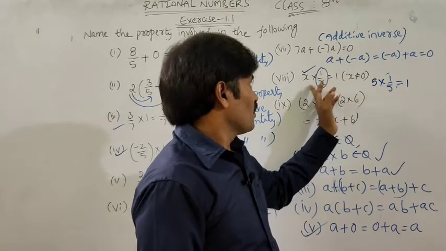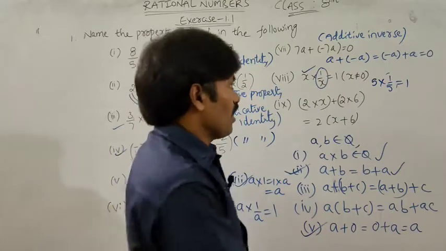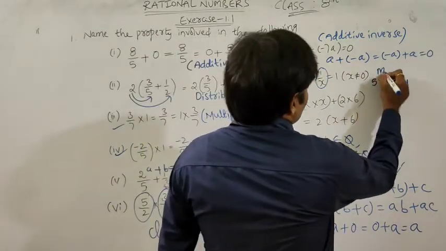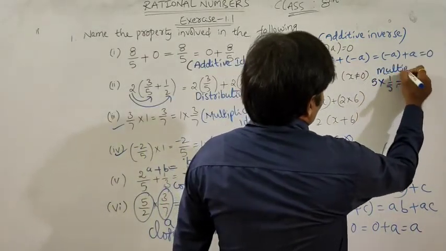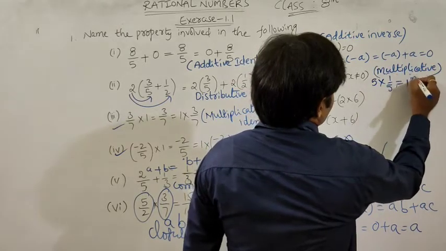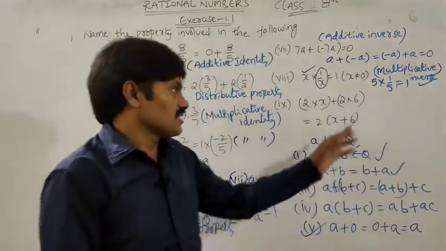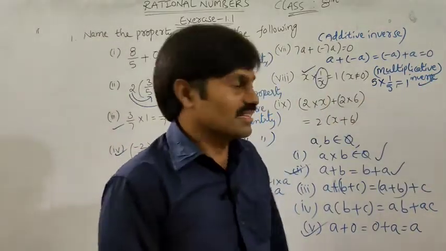So what is this property called? This is the example of multiplicative inverse. Clear?